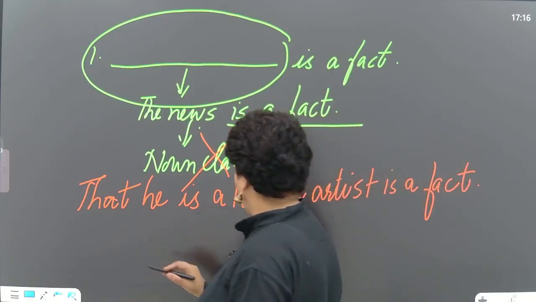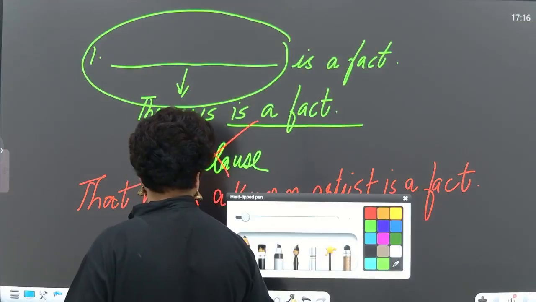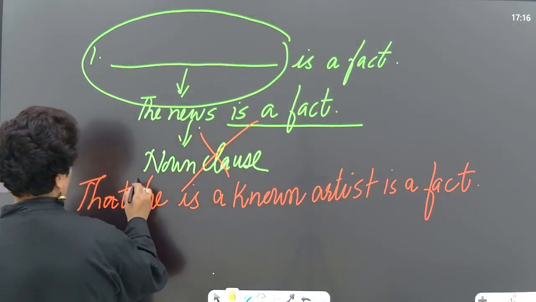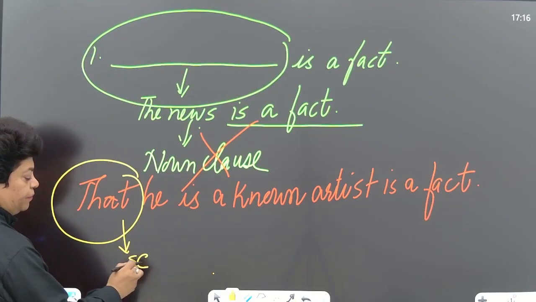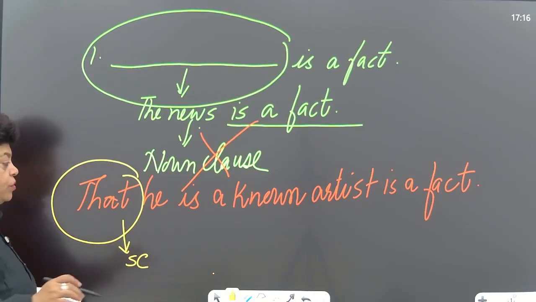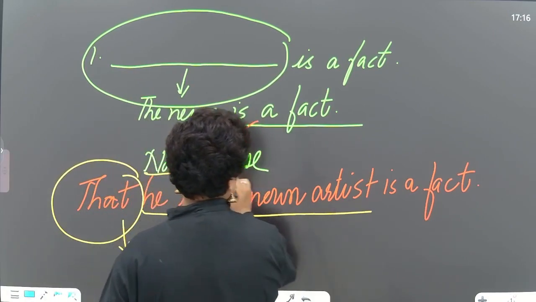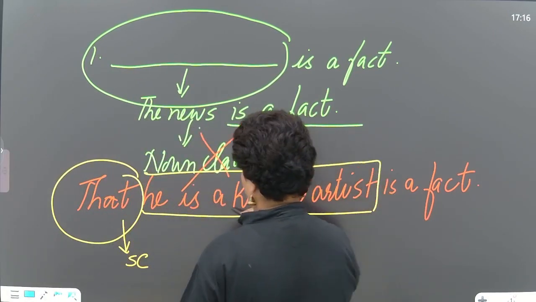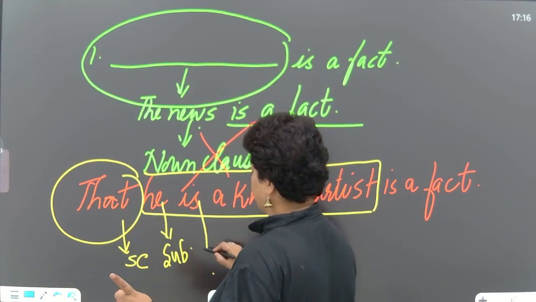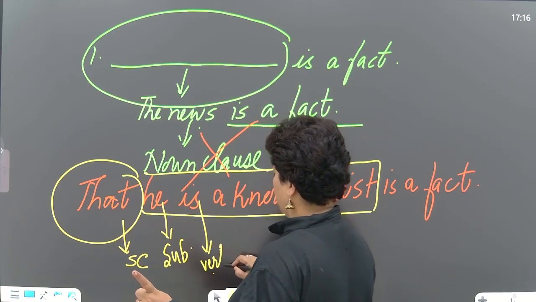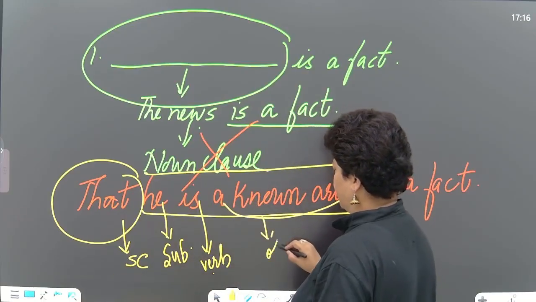Now, I will qualify this into two parts. Again, let us discuss. What is that, children? That is again the SC that we had been talking about. Now starts the main sentence. What is it? Let's qualify. He is a subject. Is a verb. And a known artist is again an object.